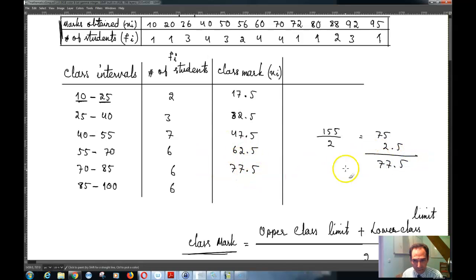The same thing. And then 77.5 plus 15 is equal to 92.5, for example. 92.5.